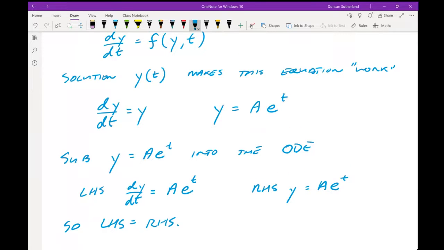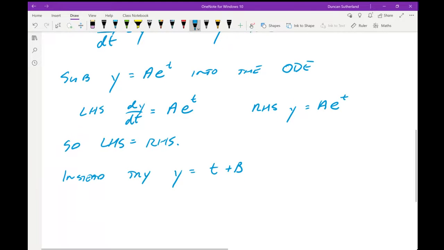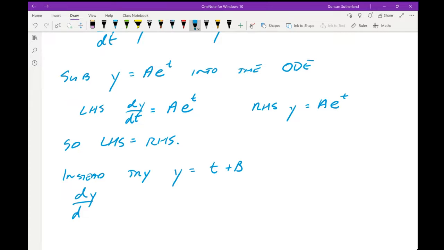So if we put something else into this function, instead try y equals t plus b, for example. If we sub that in, dy/dt equals 1, that's our left-hand side. Our right-hand side is t plus b, not equal.